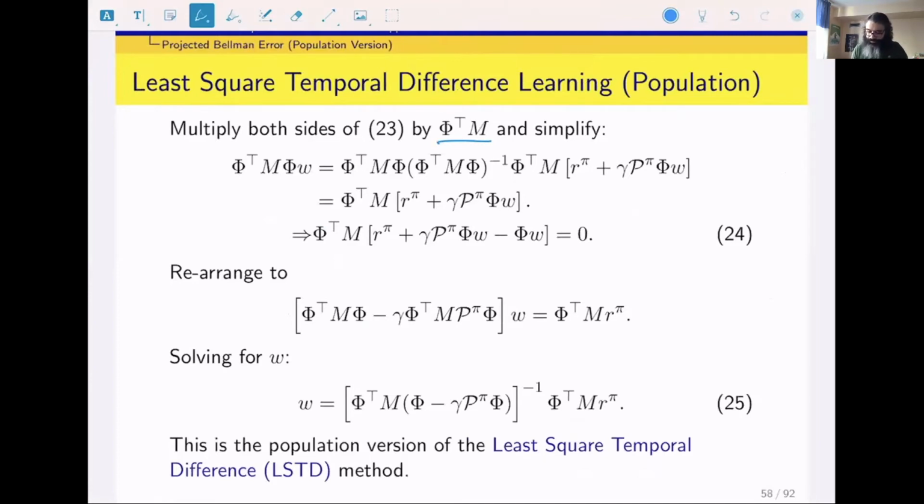So we get phi transpose M phi W equal to phi transpose M phi, then (phi transpose M phi) inverse, phi transpose M, and then the Bellman operator applied to the value function represented by W. Then these two terms cancel, so we get phi transpose M times the Bellman operator, which after rearranging gives phi transpose M times (r plus gamma P phi W minus phi W) equal to 0. If you notice, this looks like a Bellman residual term.